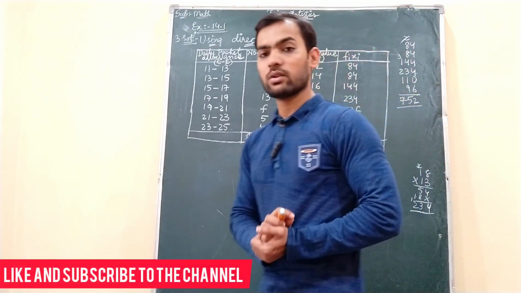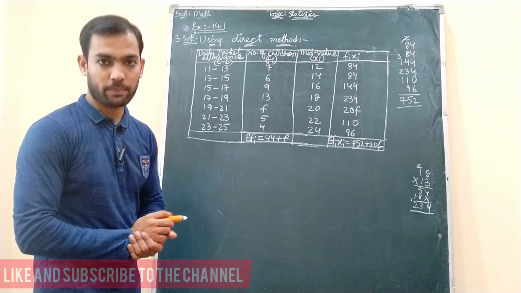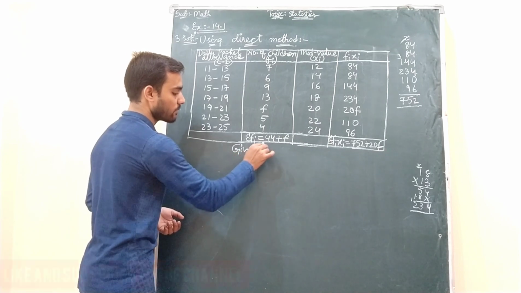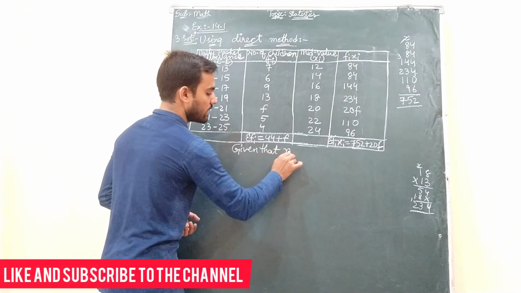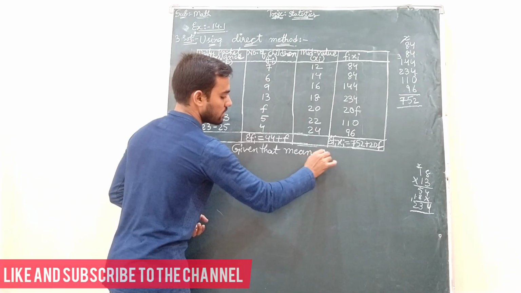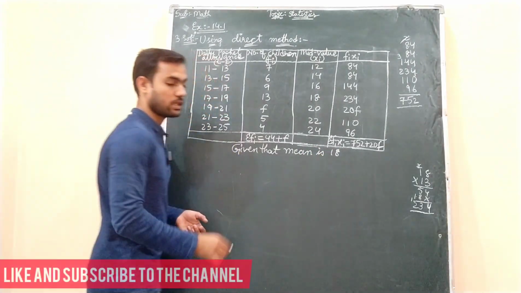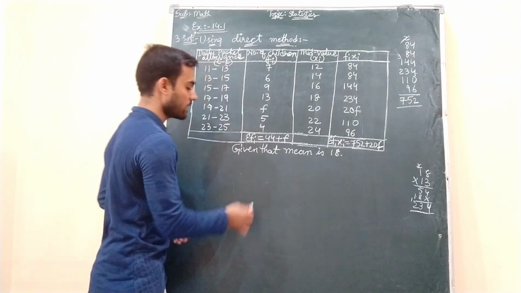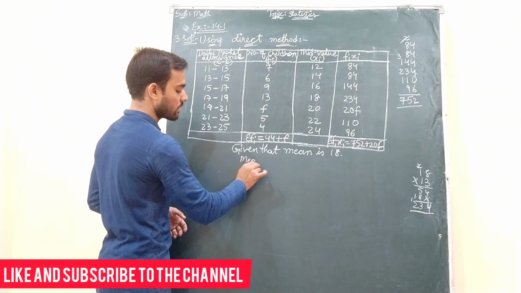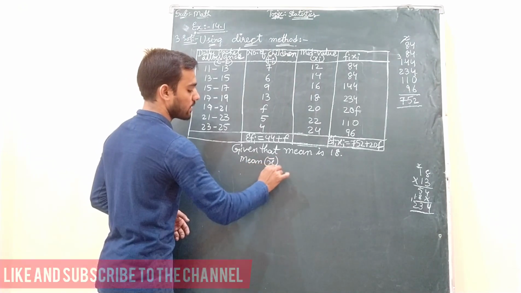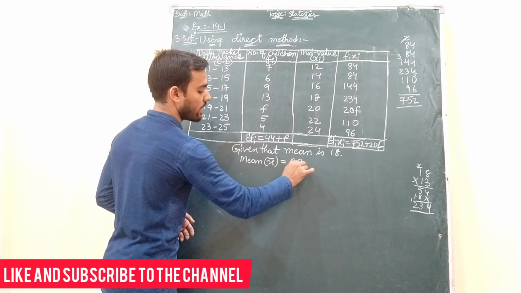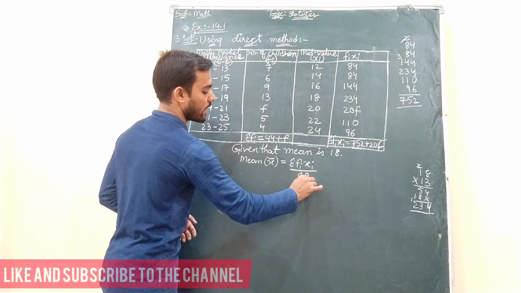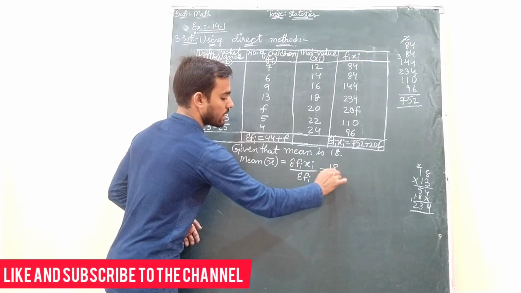Okay guys? So now here the mean is already given. The answer is already given. That we will take, given that mean is 18. In the question it is given that the mean pocket allowance is rupees 18, so that is nothing but mean is 18. So mean x bar is equal to sigma fi xi by sigma fi is 18.